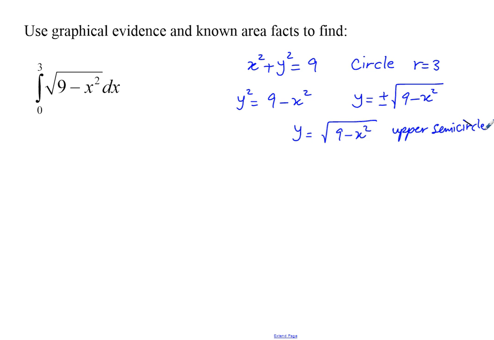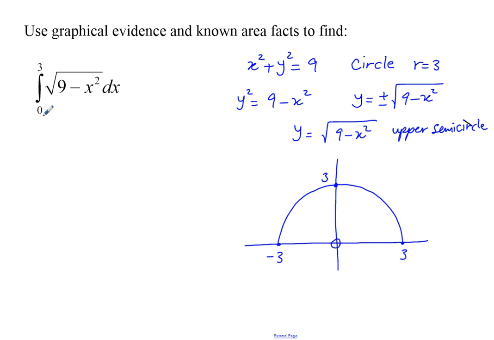So this function is represented graphically as a semicircle with center at the origin and a radius of 3 units. So this point here is 3, this point here is -3, and this is also 3.